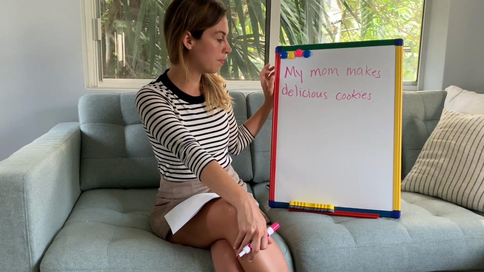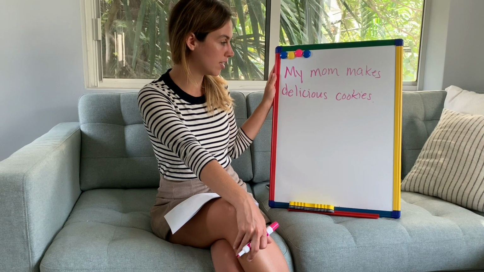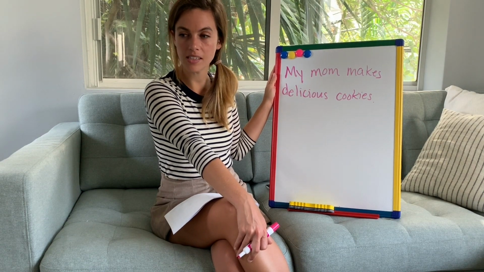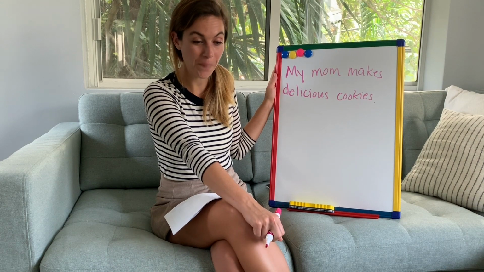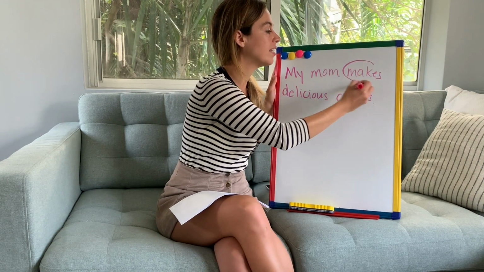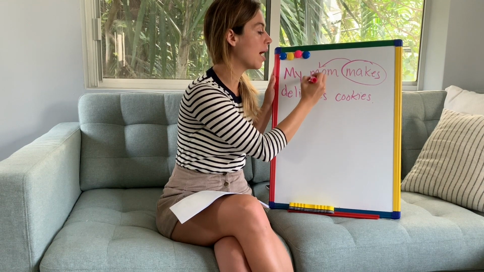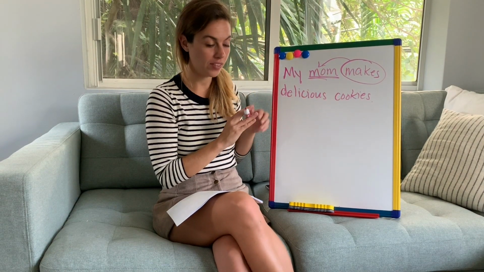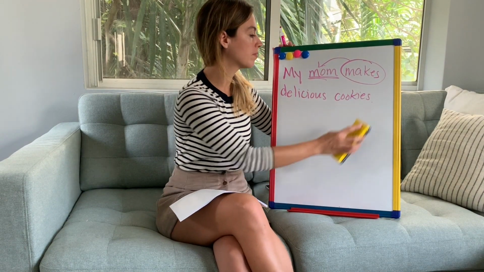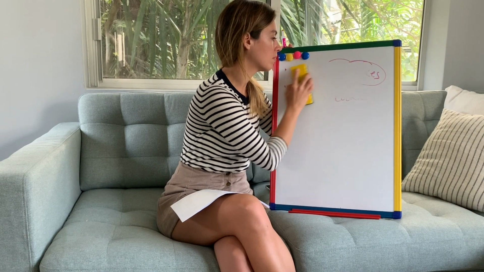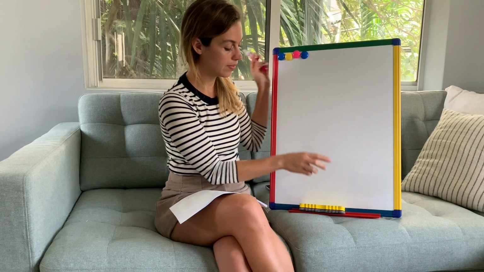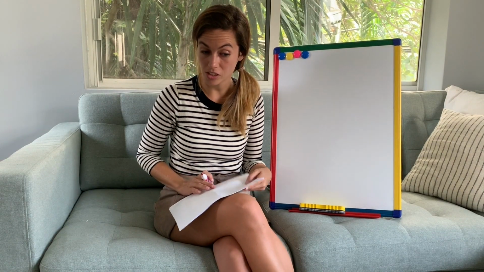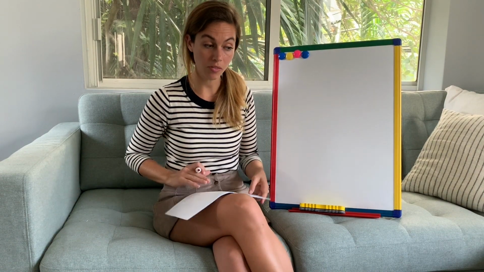My mom makes delicious cookies. Which word is the verb? Which is the word that you can do? Makes. And it's telling us what mom does. Very good. Okay, so now what I'm going to do is I'm going to give you a verb.